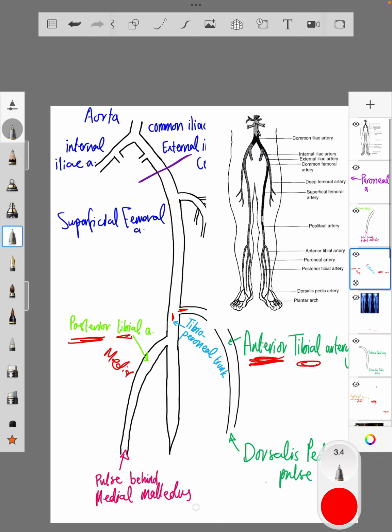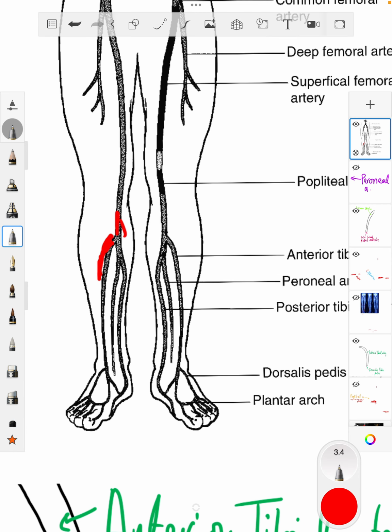And you can see that over here. So see how, okay, here is the popliteal artery, right? This artery that juts off is the anterior tibial, right? And then this is the tibioperoneal trunk, right? And the medial side over here, this is the posterior tibial artery.